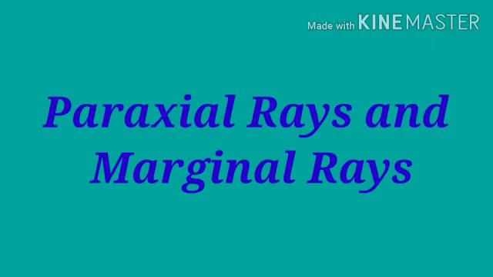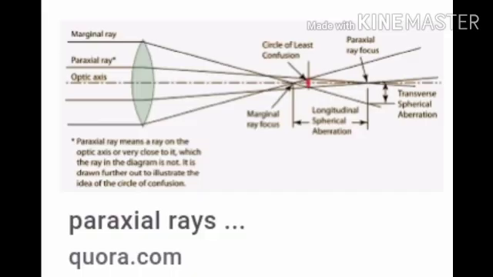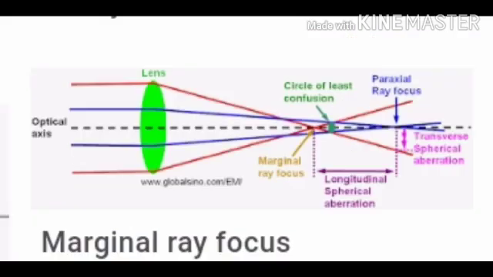Next, we see paraxial and marginal rays. The rays traveling very close to the principal axis and making small angles with it are called paraxial rays. These rays fall on the mirror very close to the pole of the mirror. The rays traveling far away from the principal axis and falling on the mirror far away from the pole are called marginal rays.